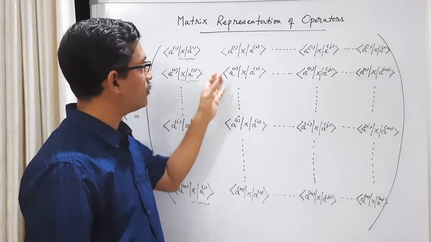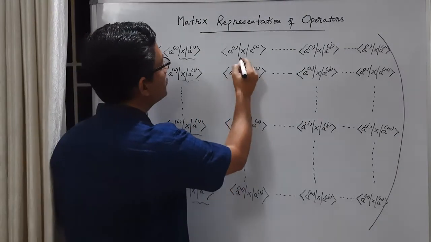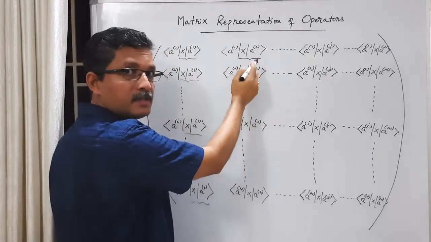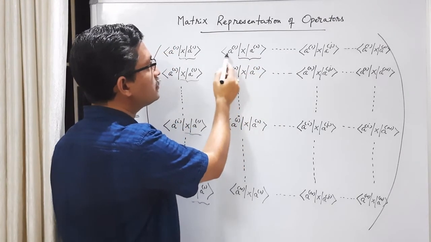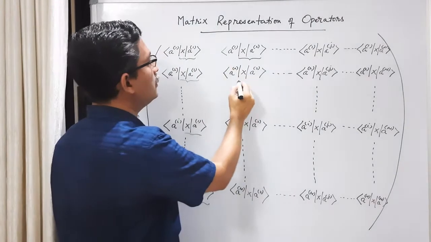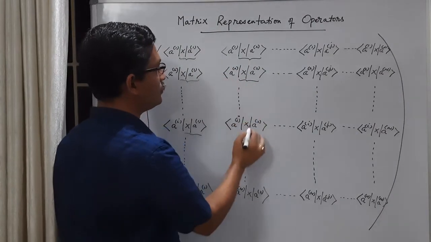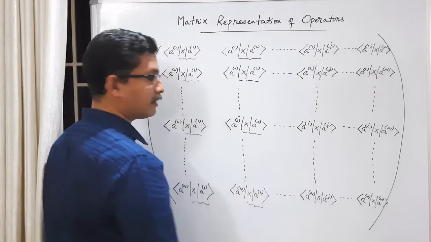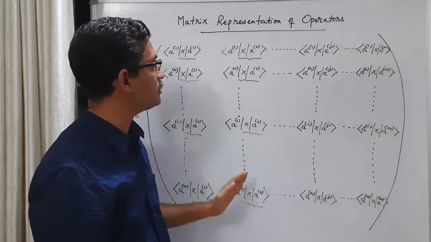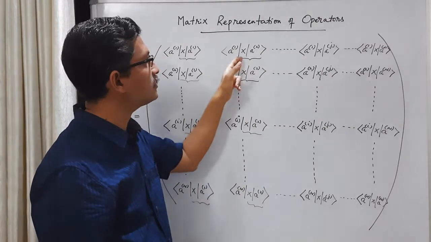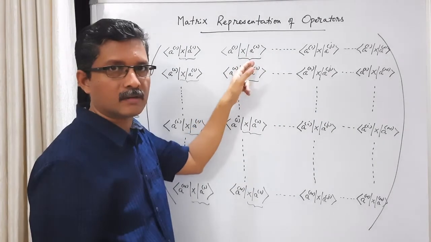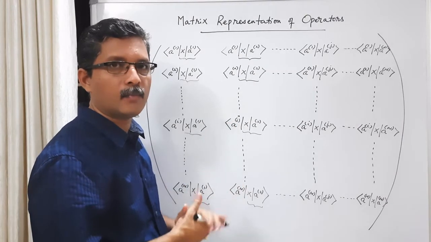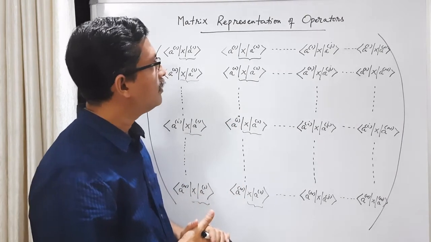Now consider the second column. Here x is acting on the next base vector, x a2, and this is the first component of x a2, this is the second component of x a2, the ith component of x a2, the nth component of x a2. So the second column represents the action of the operator x on the second base vector, and we get the n components of this modified base vector.